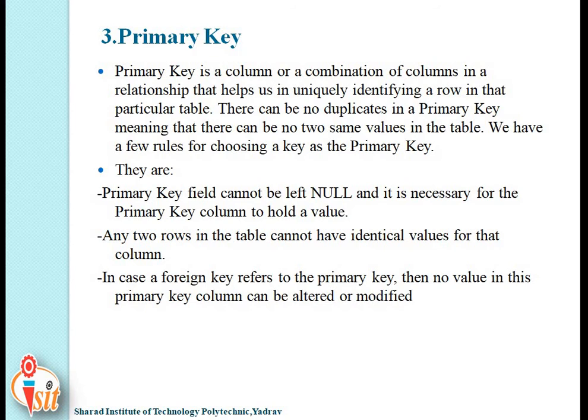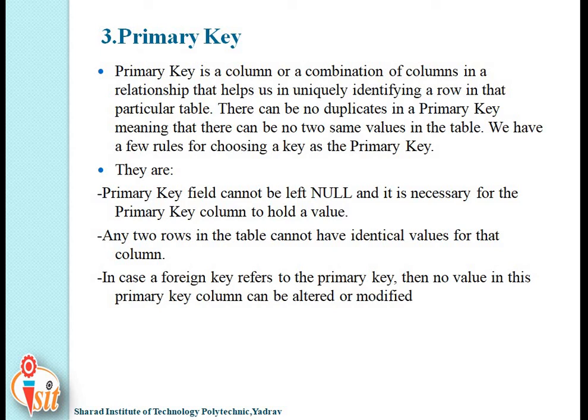You can also define a primary key as a column or combination of columns in a relationship that helps us in uniquely identifying a row in that particular table. There can be no duplicates in a primary key, meaning that there can be no two same values in the table. We have a few rules for choosing a key as a primary key.